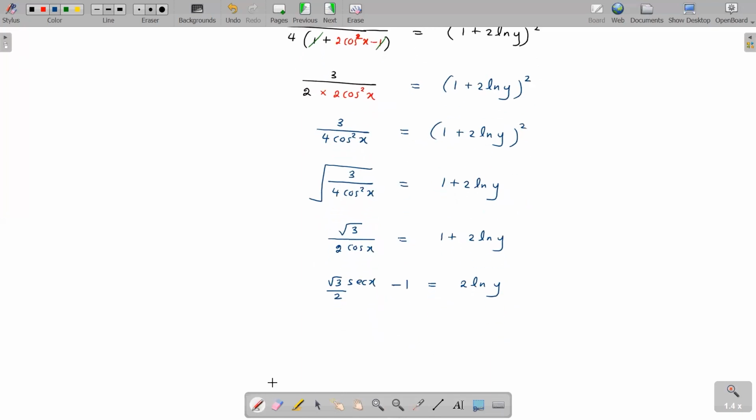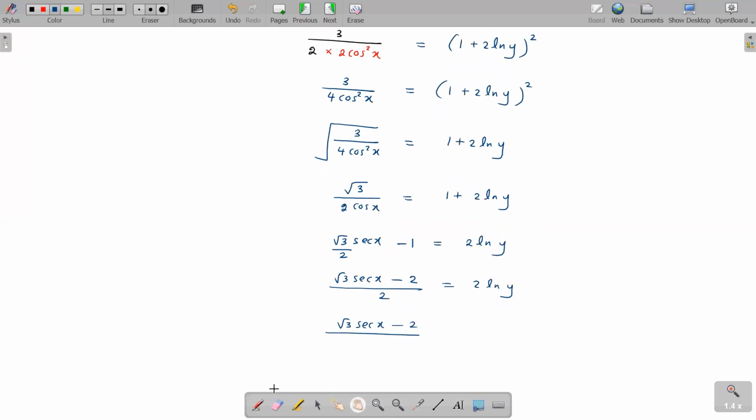And then root 3 sec x minus 2 over 2 equals 2 ln y. So the 2 comes down. I took the common denominator. Now the 2 comes down here. Root 3 sec x minus 2 divided by this 2 along with this 2 gives me a 4, equals ln y. Final push. What is it?